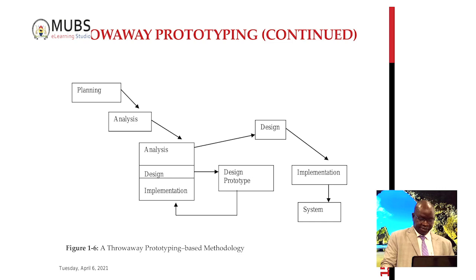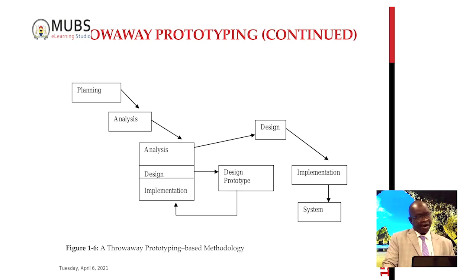And this design prototype is not a working system. If you compare this one with the first one, the first system prototype is software that is working. But here, the design prototype simply presents a system feature for a particular design.